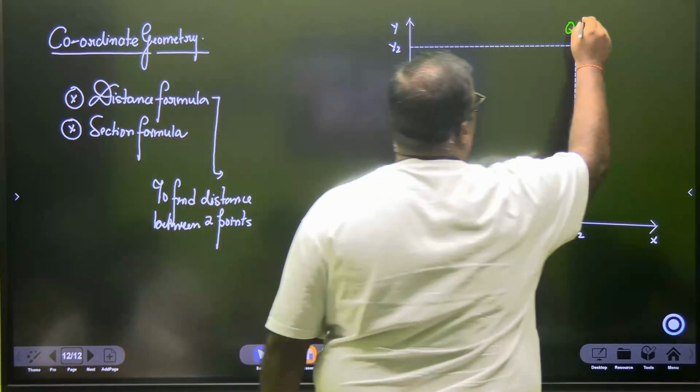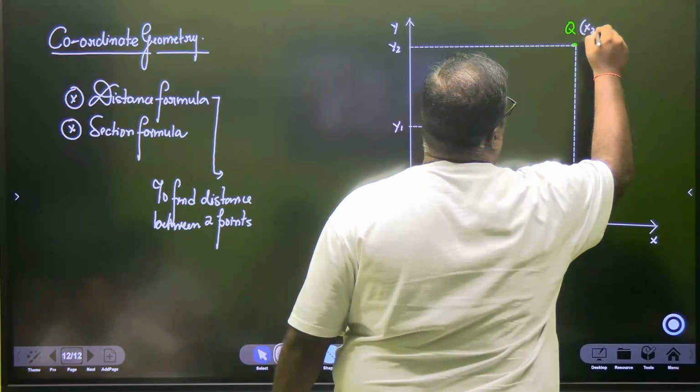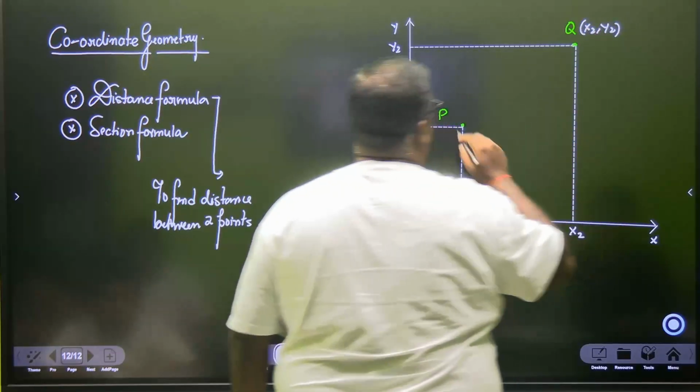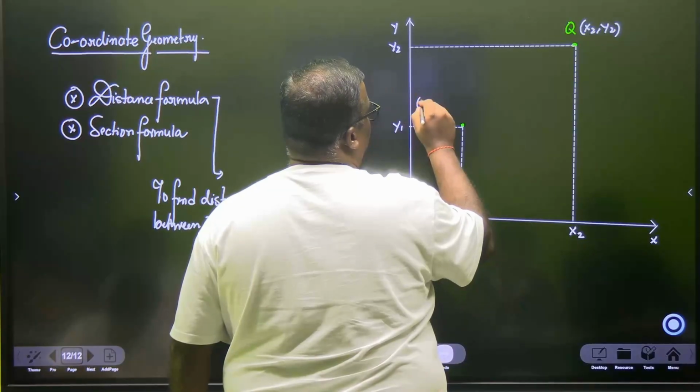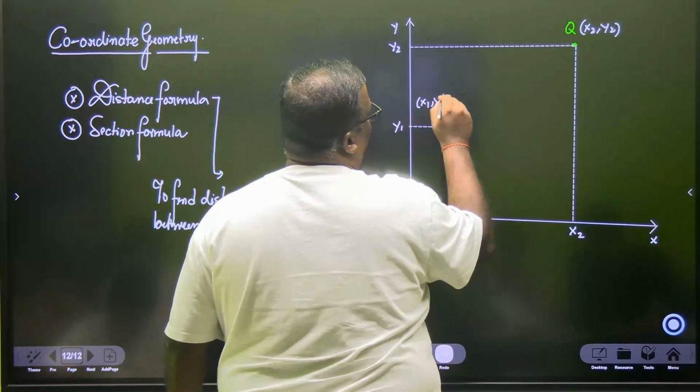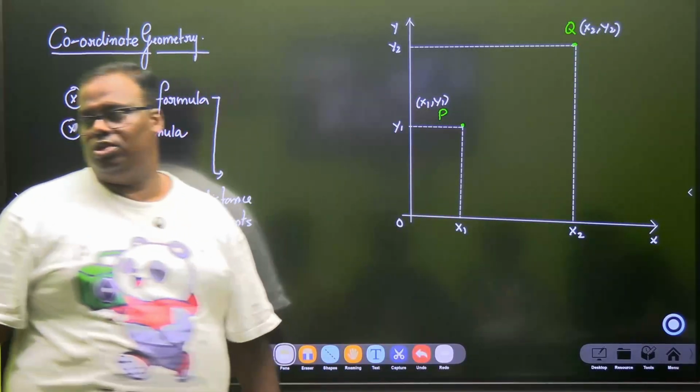So Q is denoted by x2, y2, and P is denoted by x1, y1. Follow till here? Have you understood?